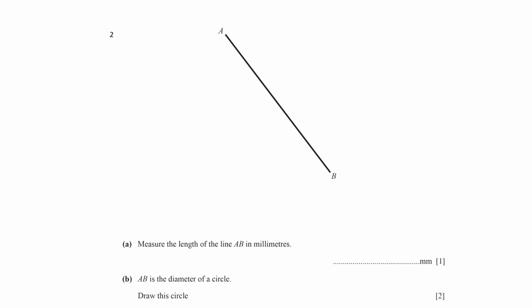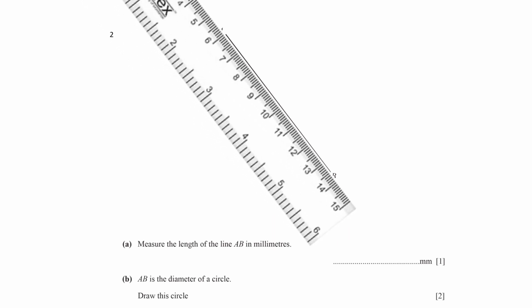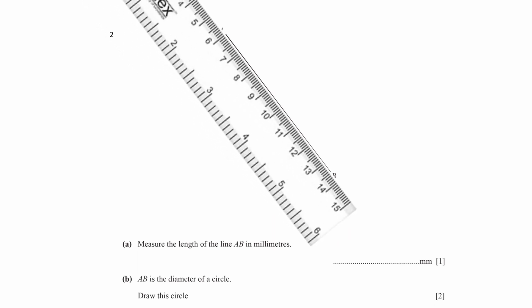Measure the length of line AB in millimeters. We can use a scale over here. So let's say this is 0, then 1, 2, 3, 4, 5, 6, 7, and this is going to be 7.5.